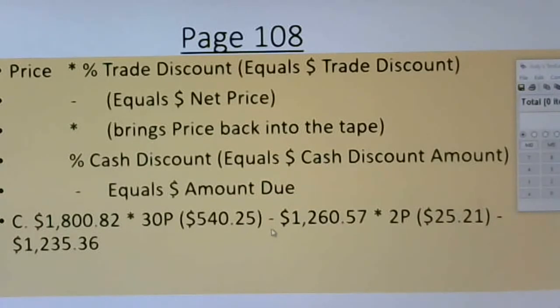Hit the minus, it will subtract this discount from the list price to come up with the new net price. Now we're going to take the cash discount based on this amount. So you're doing this exact same thing. This amount times the rate of cash discount will give you your discount dollar amount. Hit the minus to get the new amount due.